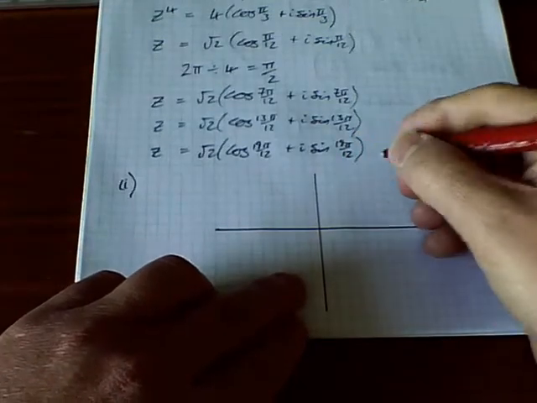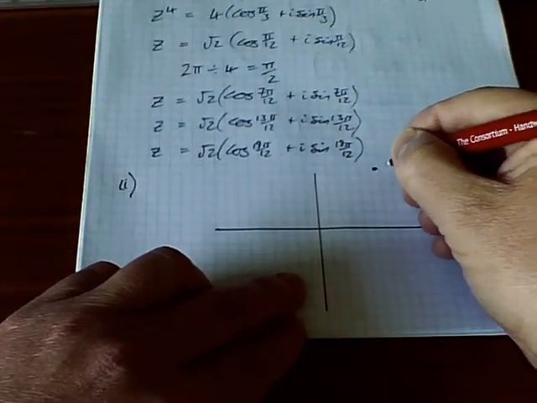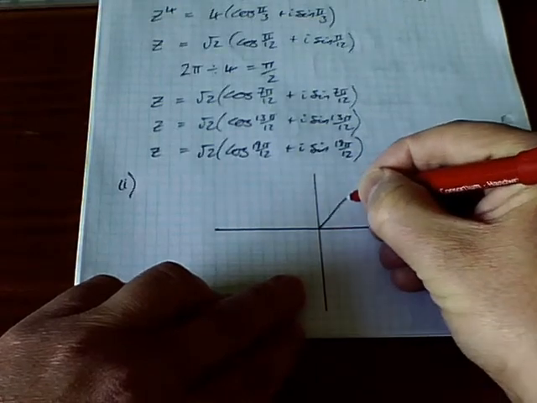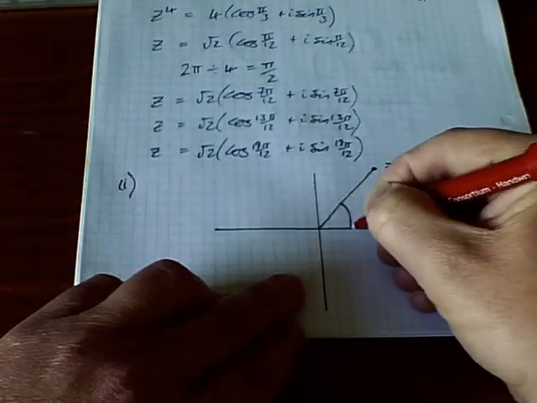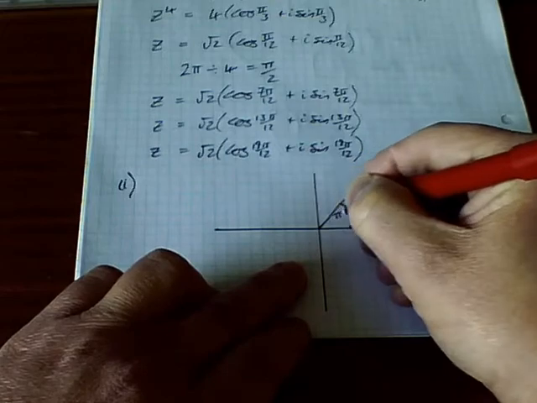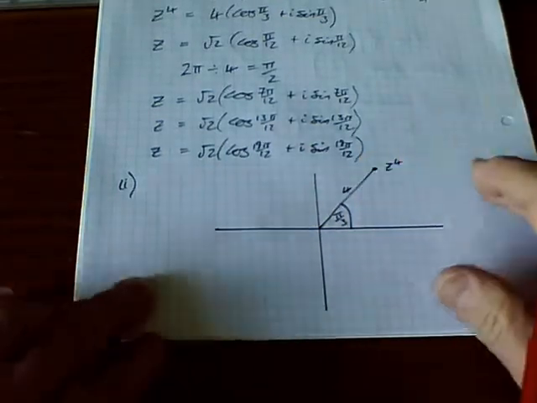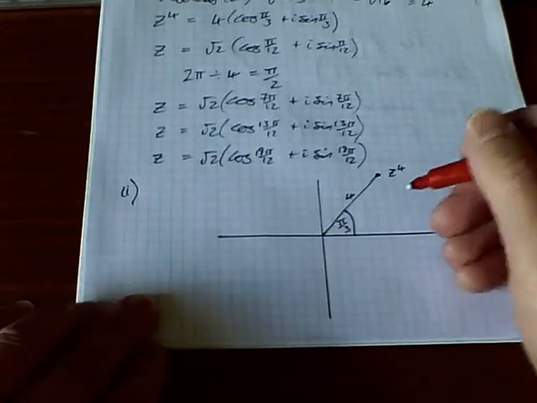Now, out here we mark z to the 4 there, and that angle we calculated earlier is pi by 3 there, and that length we discovered was 4, so I've got z to the 4 at that point.